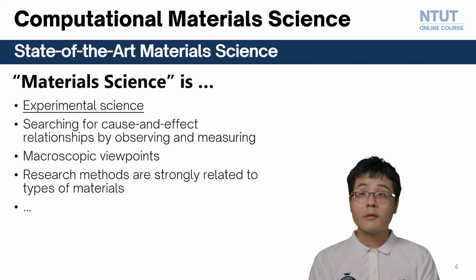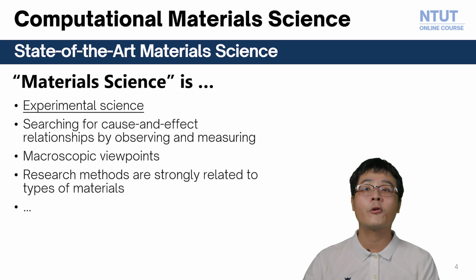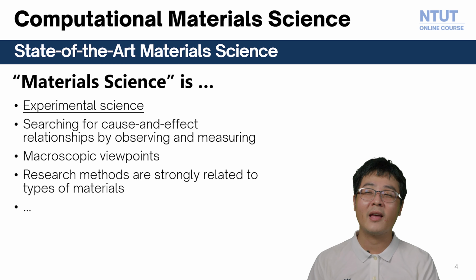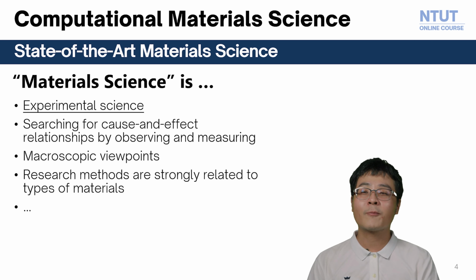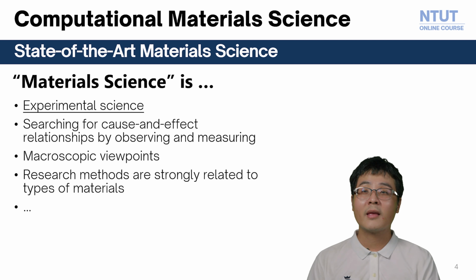So what is material science in our imagining? So far, material science is treated as experimental science, which means we have to make it by our hands. We have to do many kinds of experiments, do some measurements, and synthesize the materials we want.